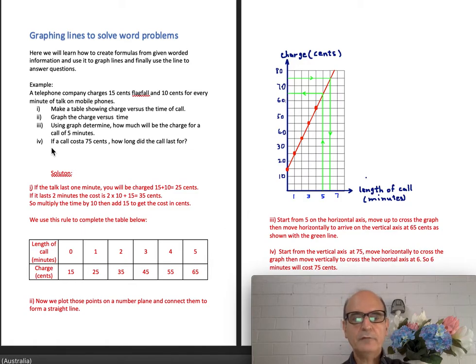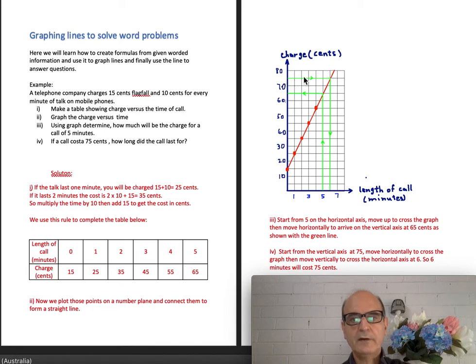And part 4, if a call costs 75 cents, how long did the call last for? Now we are doing the previous question in reverse. Now we know the cost, we want to see how long we have been talking for. So go on to the cost of 75, that's 75.